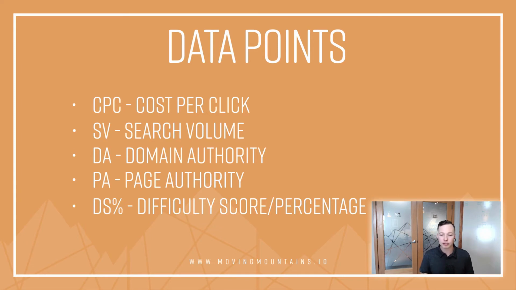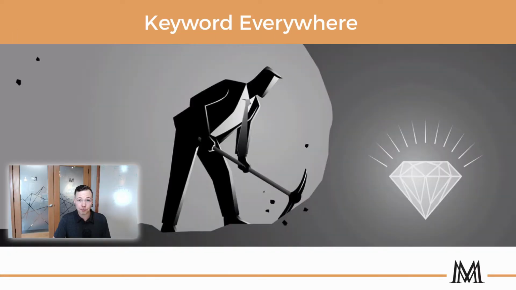But basically, difficulty score is saying you search something and it's going to give you a scale from 1 to 100 and say it's this difficult to get rankings for this term. So this is super, super handy to give us an at-a-glance percentage and know how competitive it's going to be to do a campaign. It's one of my favorite metrics there is, so I use it all the time.